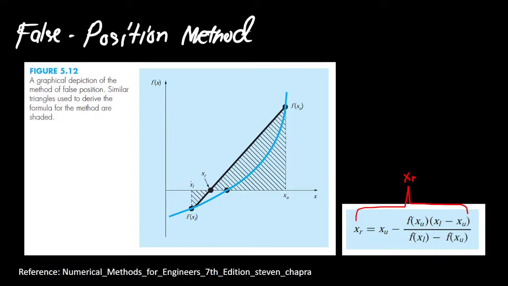First, it finds your point where the lower guess is, and also your upper, creating a line out of those points. Since it is a linear equation, you can easily find the root from the equation of the linear function. So you already create an equation that is the root of that line.